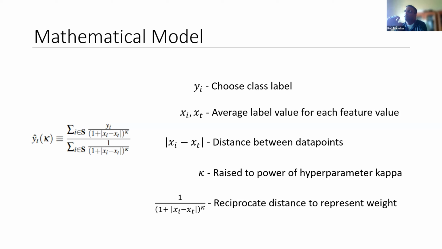And then for each of the remaining features, we calculate the average label value for each feature value, just like we did in the example. So if you have gender, age, etc., you calculate all those in terms of balance. And now the distance between any 2 data points is defined as the difference between their average label values. So effectively, we have these new transformed values and you find the Euclidean distance between them.